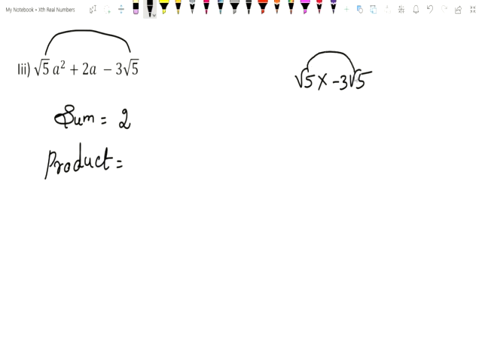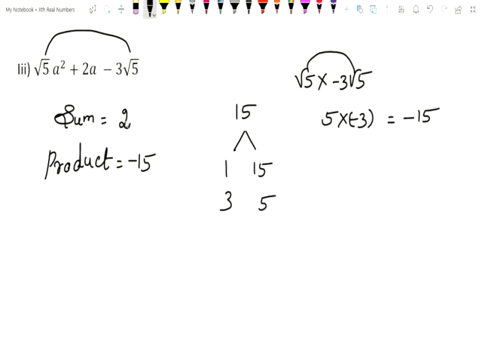So root 5 into root 5, what will you get, children? 5. 5 into minus 3, minus 15. Just find out the factors. Take 15, product is minus 15. 1 and 15, 3 and 5 are 15.